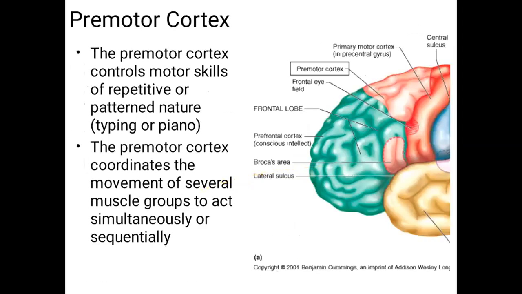There is one more area apart from the primary motor area, which was area number 4. This is the premotor area, which is area number 6.